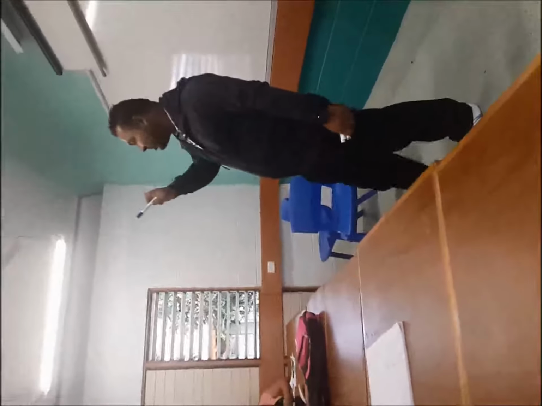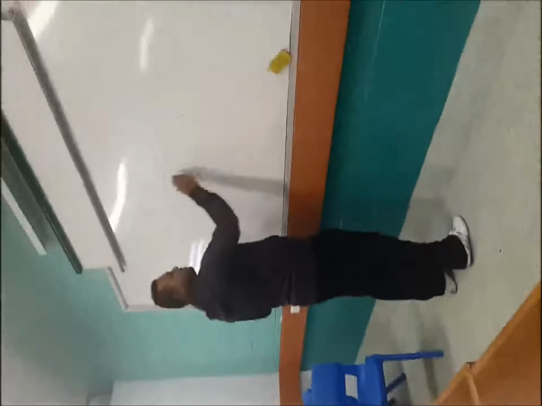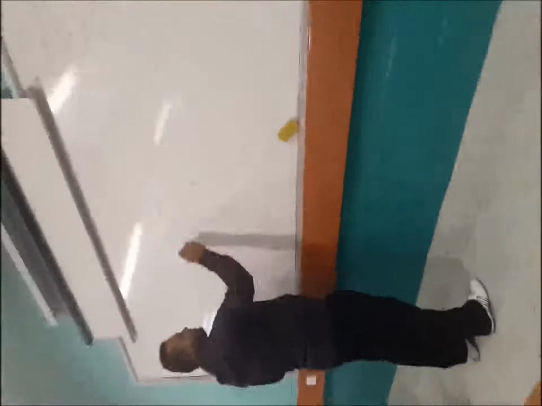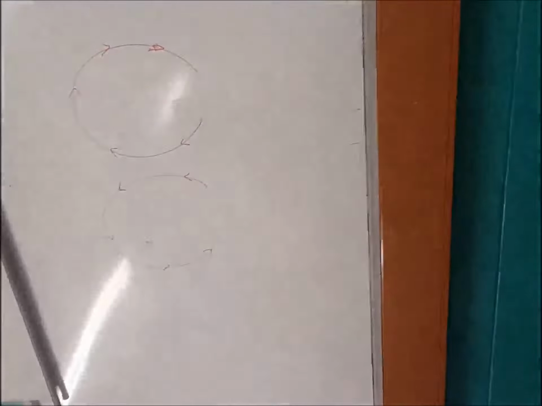And once it cools down, it starts to sink again. So this is what you end up with. So that is the convection cell, and that is one of the main driving forces behind plate tectonics.